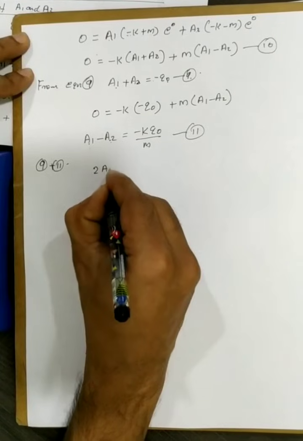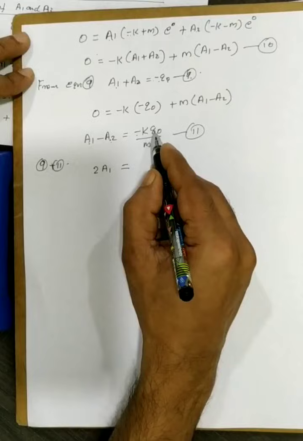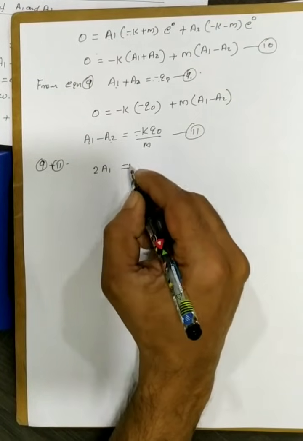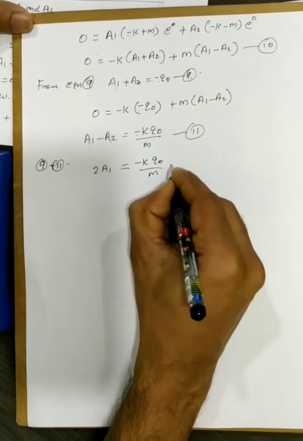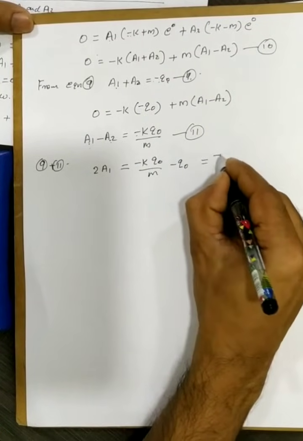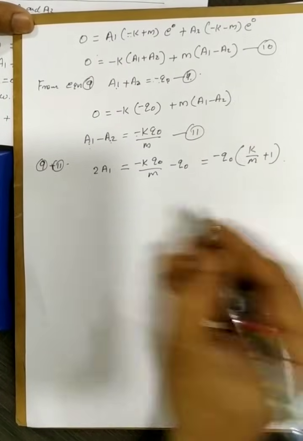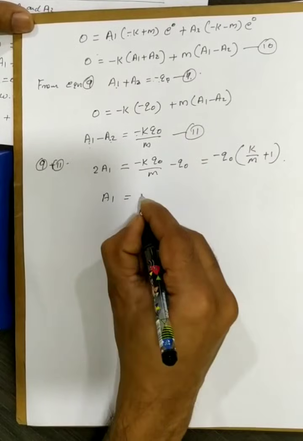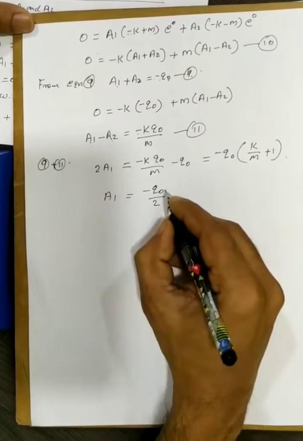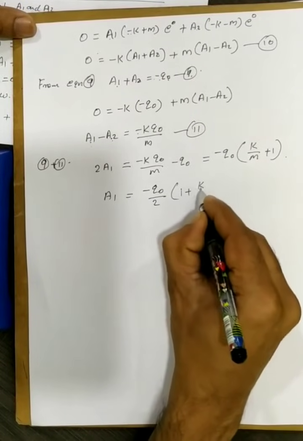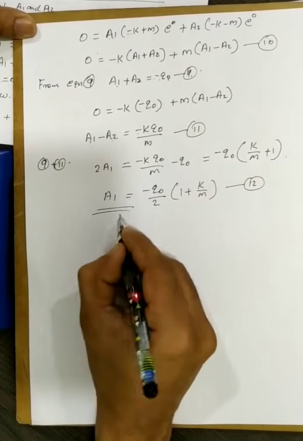So 2A1 is equal to minus Q0 minus k by m Q0, that is minus Q0 taken outside, k by m plus 1. So constant A1 is equal to minus Q0 by 2, (1 plus k by m). This is equation 12.